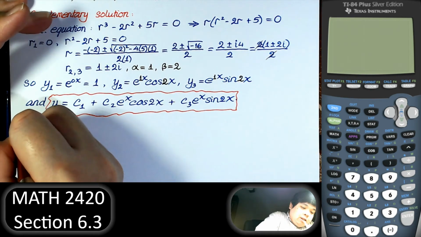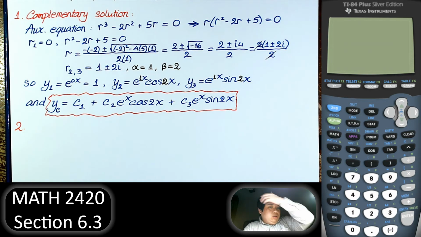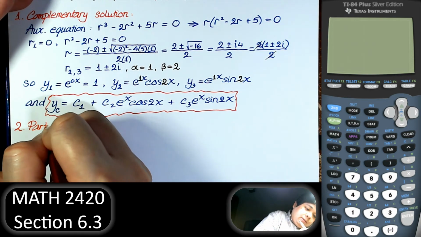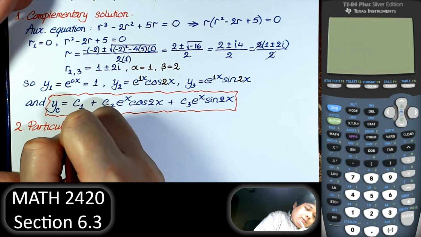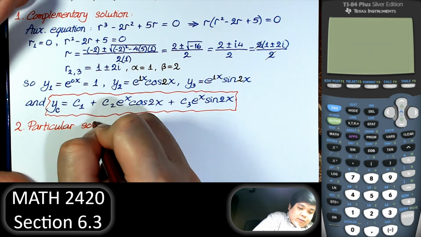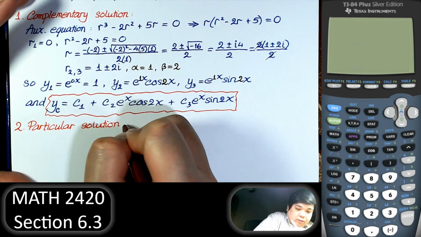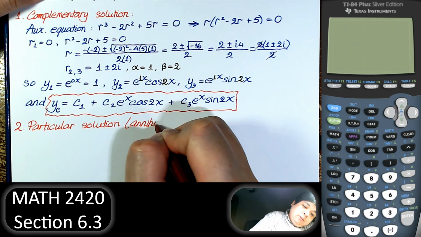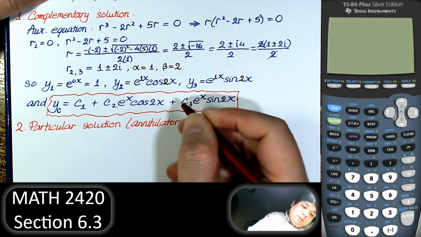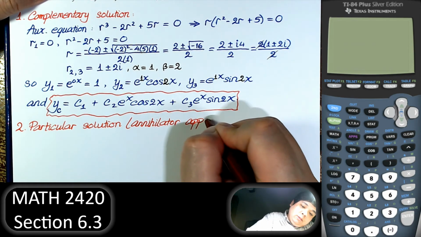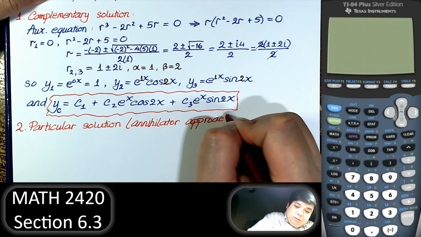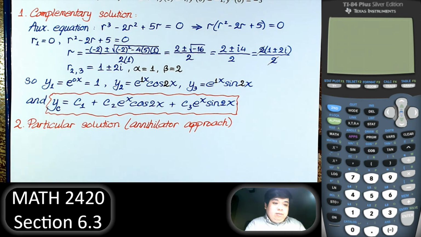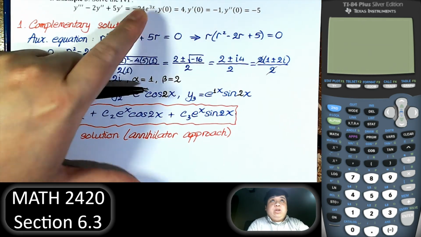Second, now try to find the form of a particular solution. First we find the annihilator that annihilates negative 24 e to the 3x.